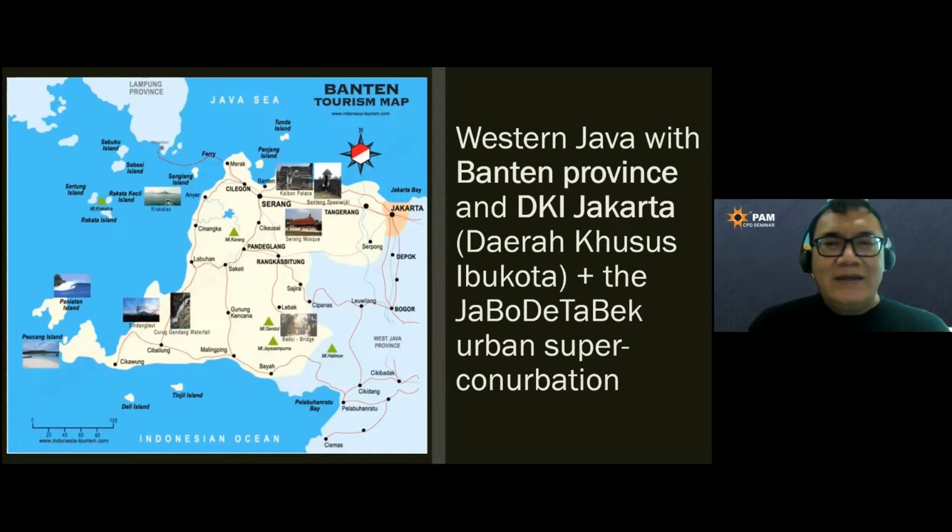Jabodetabek is one of the world's biggest urban conurbations. The only reason it is not officially the biggest is simply because administratively they are all separate. So Jakarta has a separate city hall, Bogor, Depok, Tangerang, Bekasi, all of them have their own administrations.